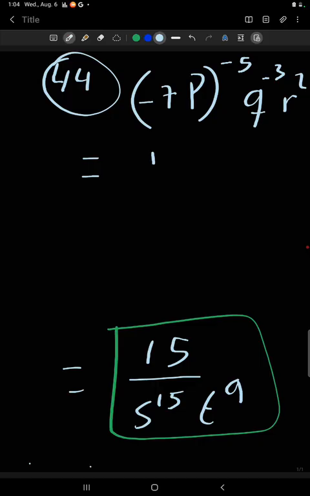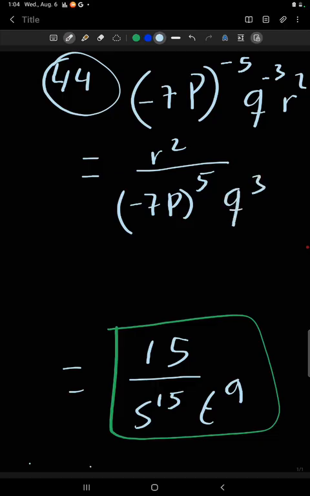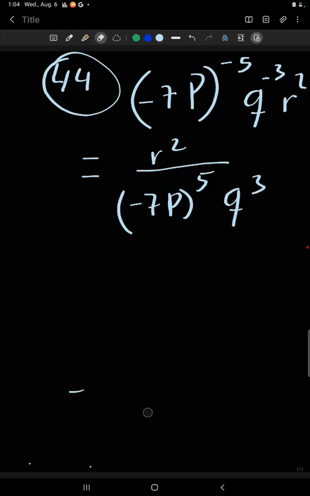So r squared remains on top, -7p to the 5th power comes here, and then q to the 3rd power comes here. And what I was saying earlier, the negative remains, and it could be assigned either to the denominator or to the whole fraction, really.